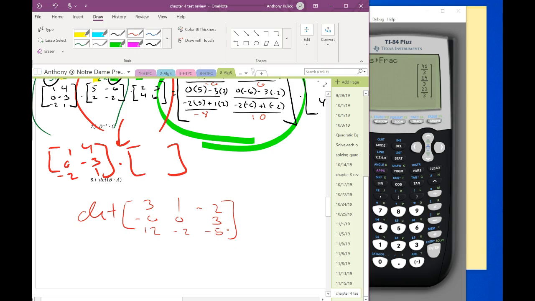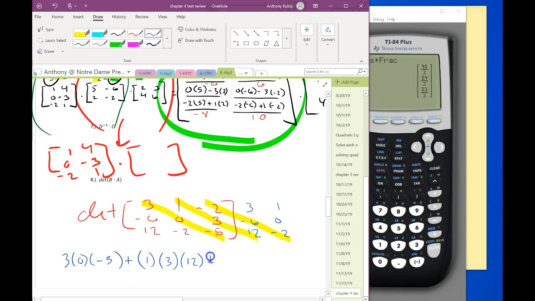If I want to take the determinant of a 3 by 3, what I do is I start by recopying the first two columns. And now I'm going to multiply the 3 downward diagonals. So 3 times 0 times negative 5. And I'm going to add those 3 multiplication problems together. Okay with that?